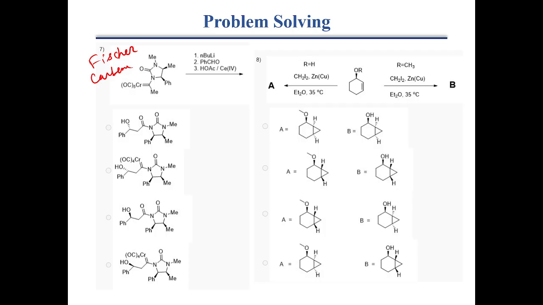So this is the Fischer carbene. So now here this methyl has a proton. Now this proton can be abstracted by base. So if we treat it with N-butyl lithium, so this is the three protons of the methyl.